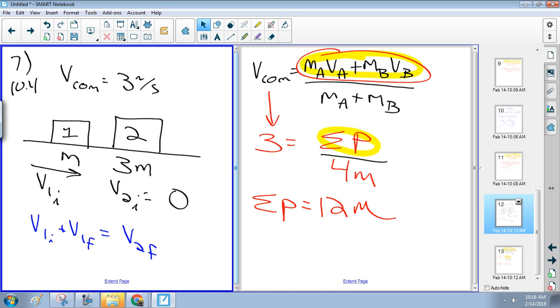Because my total momentum is 12m. This doesn't have any momentum, so this must have a momentum of 12m. So that velocity must be 12. Follow? All right, so let's replace this guy with 12. All righty. So, ideas about where to go from here?